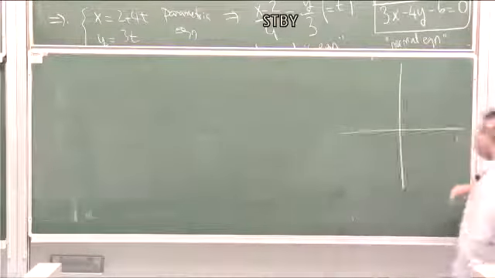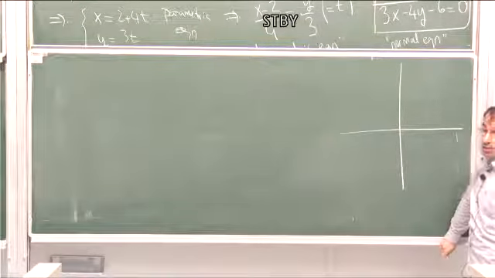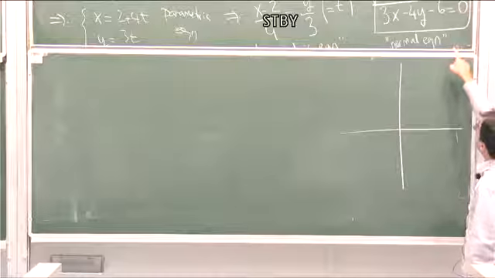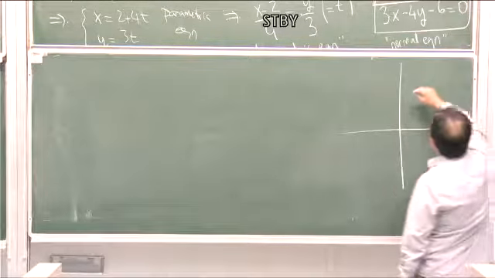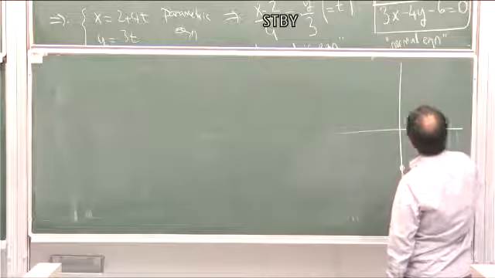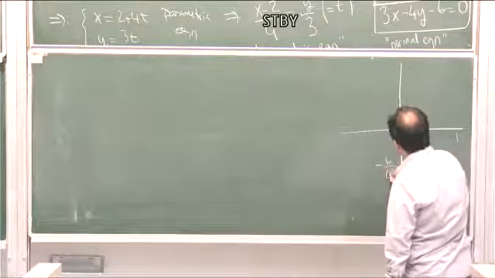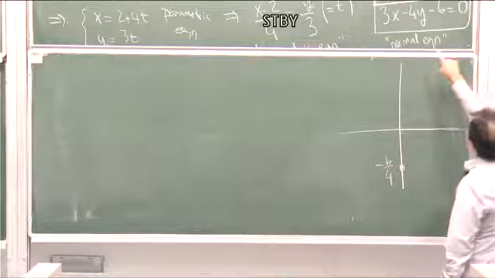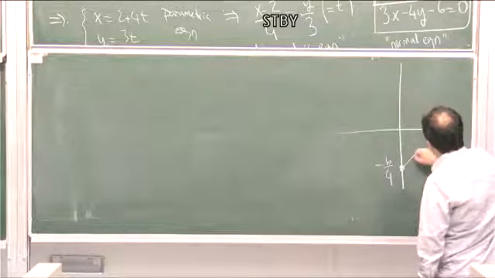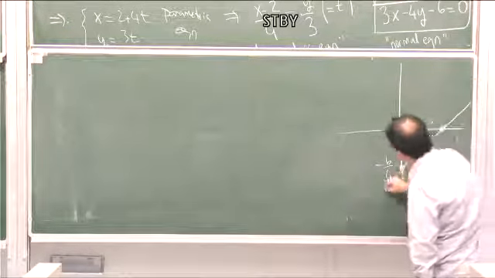Let's give x equals 0. Then y will be equal to minus 6 over 4. And when I put y equals 0, x will be equal to 2. So this is our line.